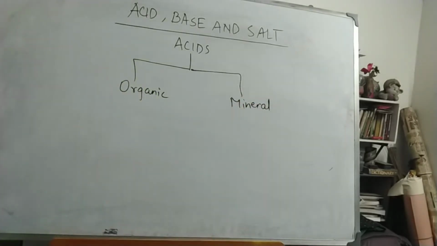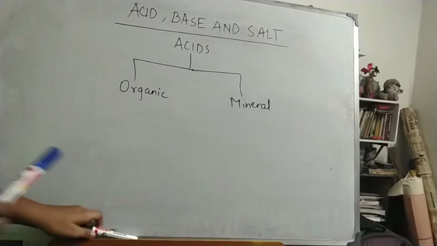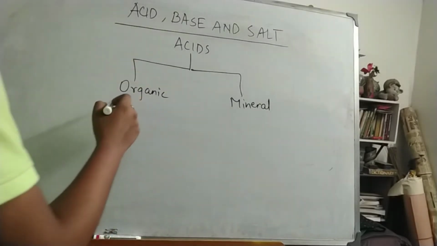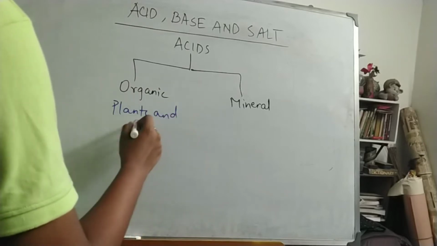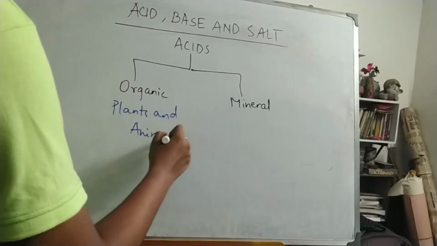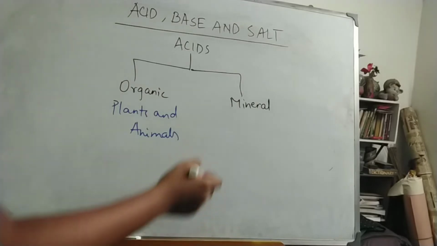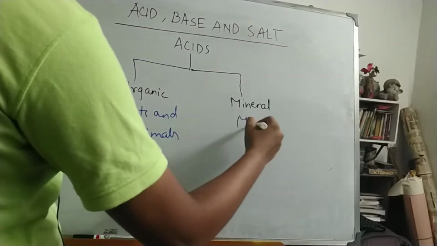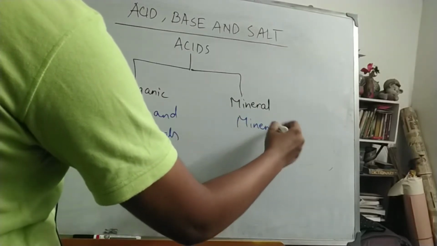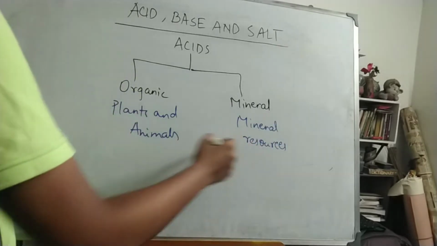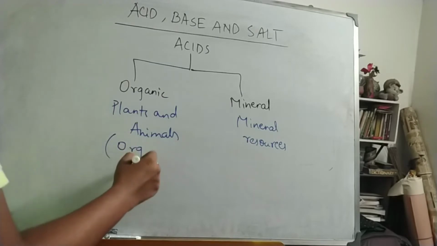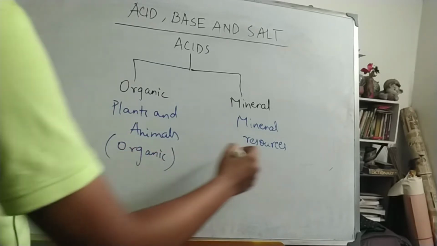Now what are organic acids? Those which are generated or produced by plants and animals. And mineral acids are generated from mineral resources.